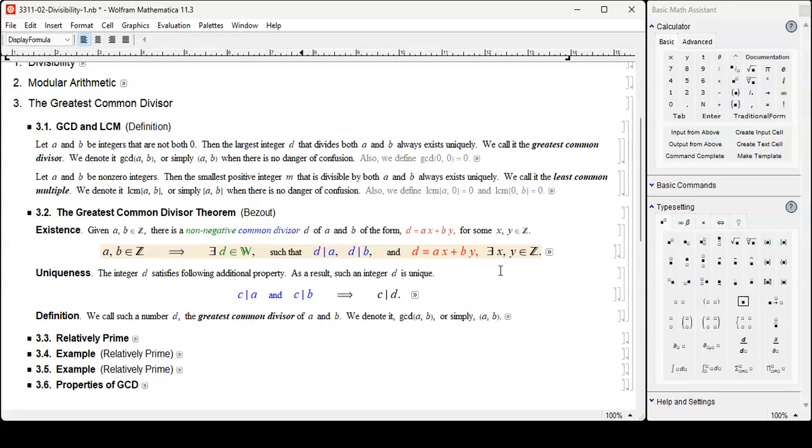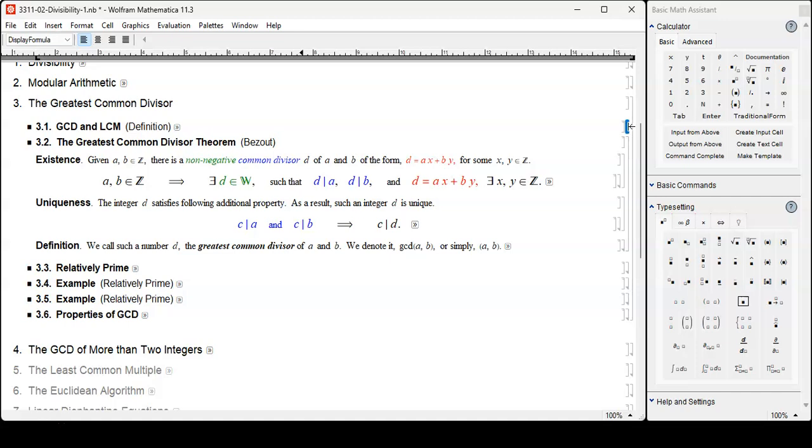Number 1, green, whole number. Number 2, blue, common divisor. And number 3, red, linear combination. That'll define the GCD uniquely. And among those properties associated to uniqueness, we have another additional property that is useful.